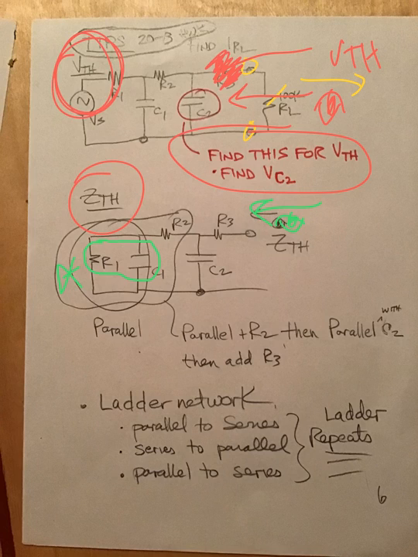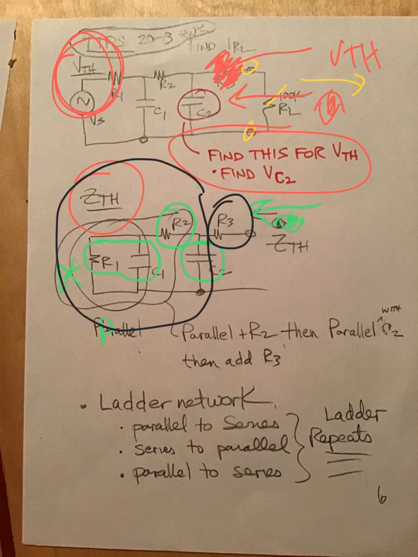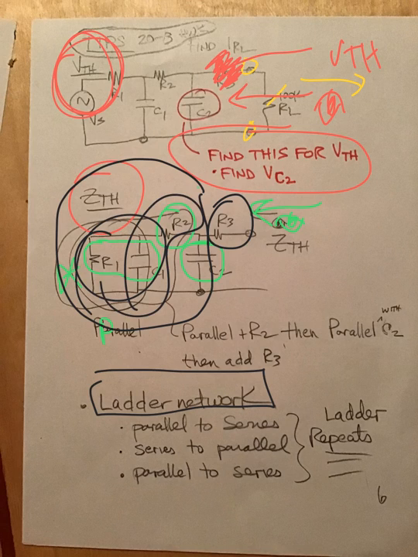Once you compress those, that adds, the parallel adds to this in series, and when you do that, it goes back to parallel with this, and finally, everything in black adds in series with R3. I'm just providing a little bit of support here, a little extra, that you have the capacity to work these. This is called a ladder network, and ladder networks are parallel to series, to parallel to series. You see how that works?